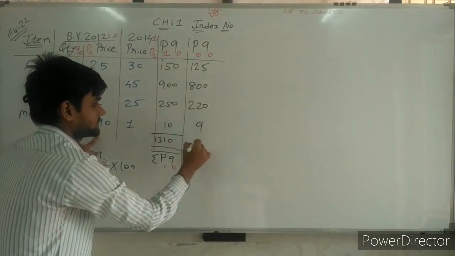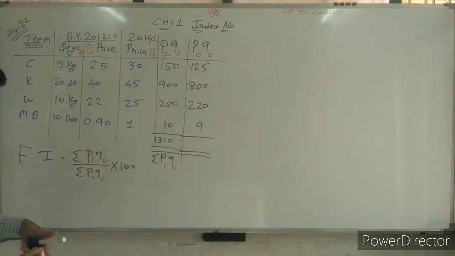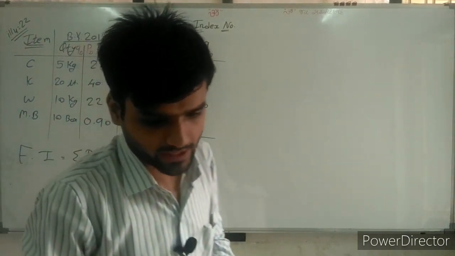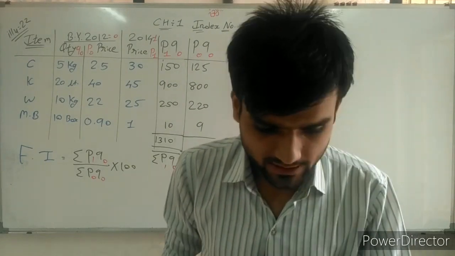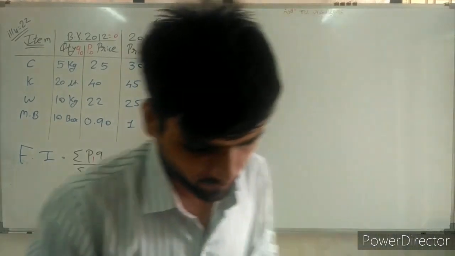So 9 rupees. Now make total of this. If you are making total of this, you are getting the answer 1044.